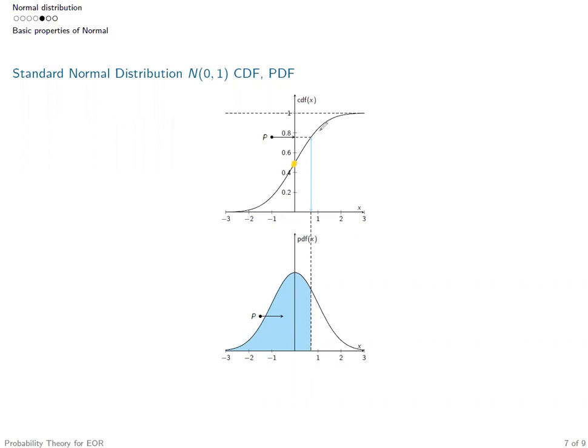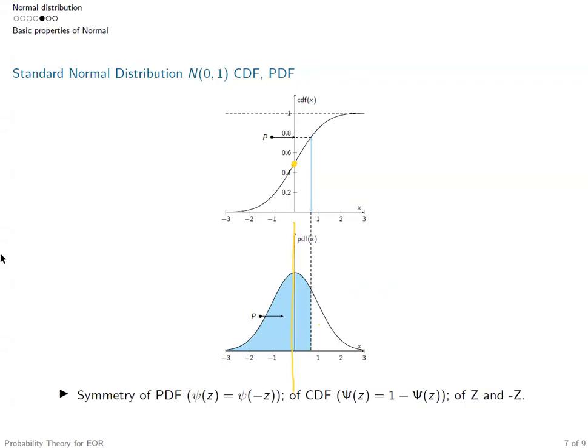As for the PDF function, it's also symmetric around this middle area. So indeed, we can observe some symmetry of the PDF function. It's a bell-shaped curve, and the value psi evaluated at z is exactly equal to the value evaluated at minus z.